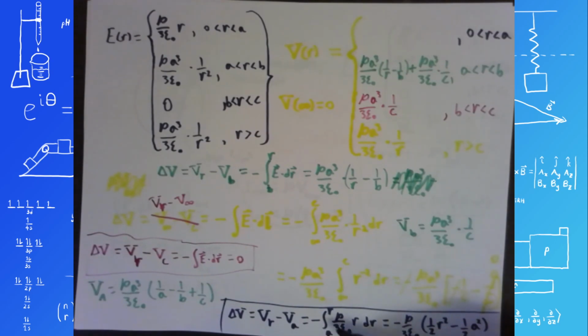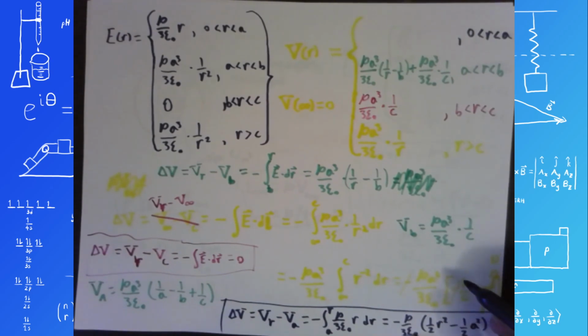Yeah, 1/2 R squared, and then for the upper bound, just plug in R. For the lower bound, plug in A. Okay, yeah, we're good. So this is the difference in voltage.